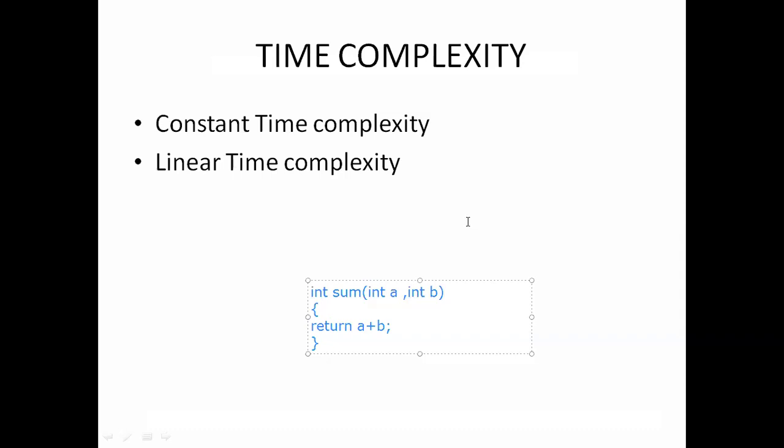If the input value increases, the time also increases. For this example, we are taking the sum of array elements. Okay, we are choosing the program sum of array elements.